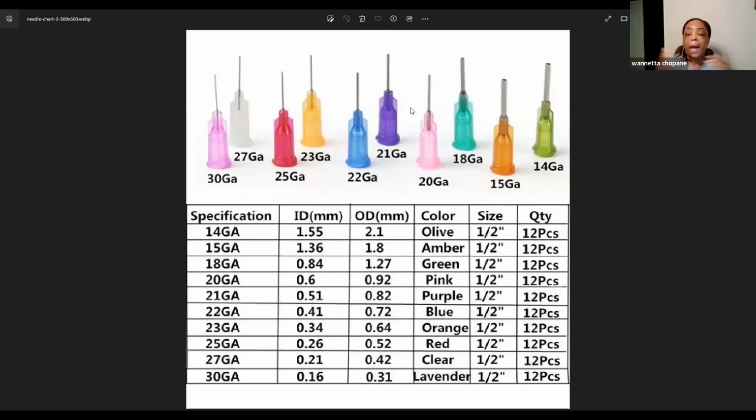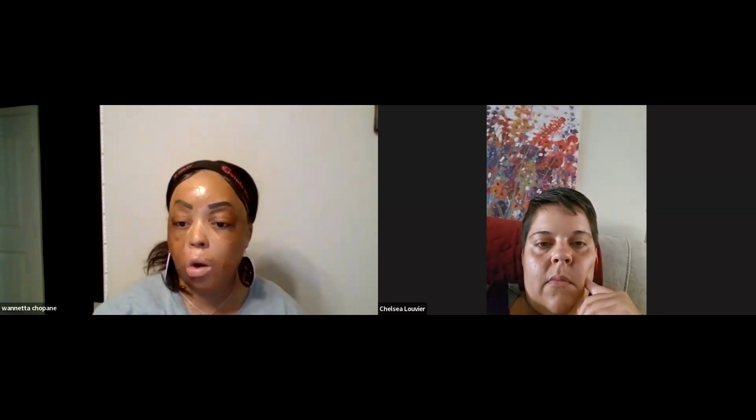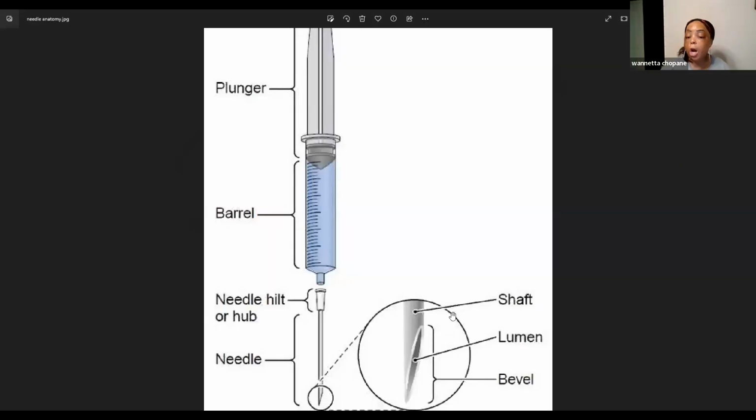But now, going back, we talked about what the actual needle looks like, okay? Remember, we want to know the shaft. When you insert the needle into someone's vein, you are basically just going in with the shaft part of the needle. You're not sticking the whole needle into someone, never, okay? That's why some people are scared. They see this needle and they think, oh no. Now, if you were giving someone a shot, like an injection or a vaccine, that's different.